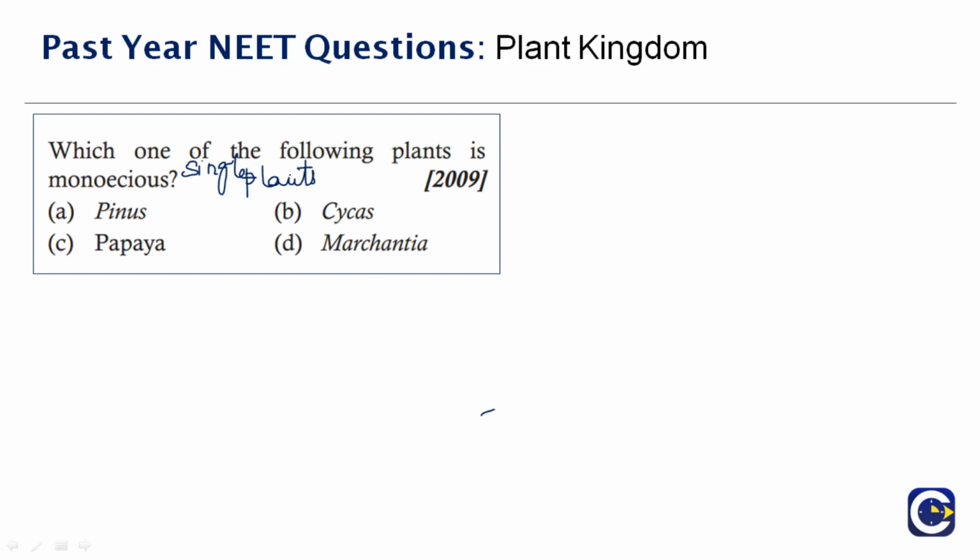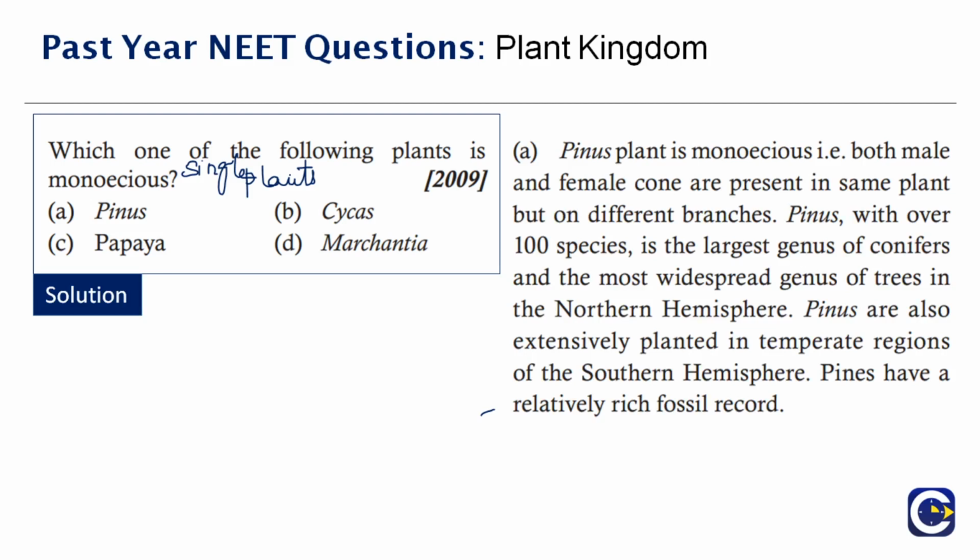Out of the 4 options given here, the correct answer is Pinus, because Cycas, Marchantia and Papaya are dioecious. They have separate individuals, with their male and female cones separately. So the Pinus plant is monoecious, that is, both the male and the female cone are present in the same plant, but on different branches.